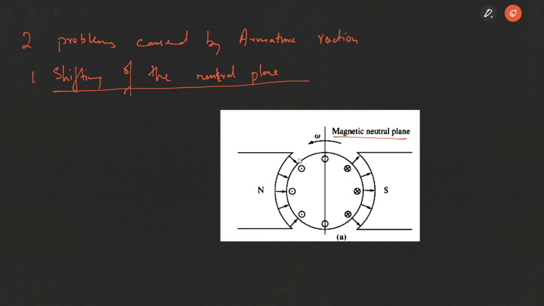Once the current begins to flow, the armature will produce a magnetic field of its own, and the nature of the magnetic field produced will be somewhat like this, with the direction of magnetic flux being like this, at this end and accordingly at this end.